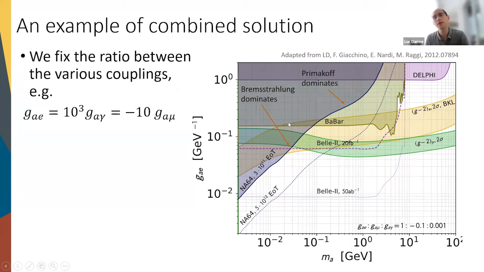So instead, it's basically more or less what I showed you before, except that now, instead of looking at something decaying visibly, you can look at something which decays invisibly and some missing energy. What is quite interesting from that perspective is that the ALPs have quite a lot of ways of reproducing the G-2, because they have several diagrams which contribute, so you can actually engineer a case in which you have both the G-2 of the muon and the one of the electron overlapping.